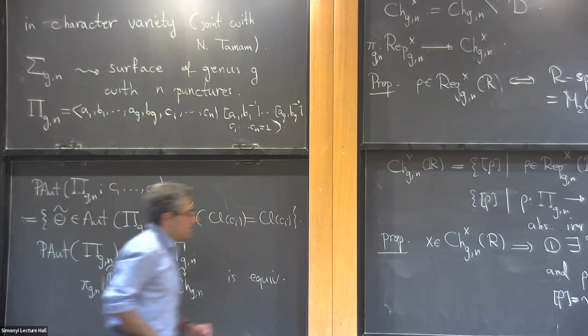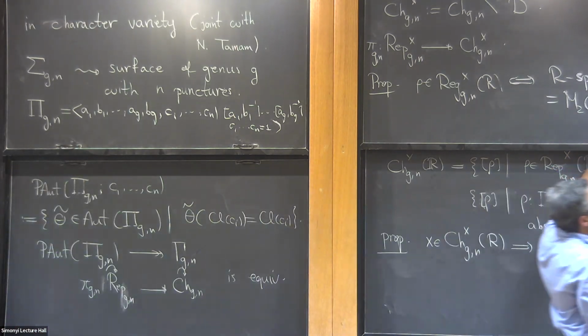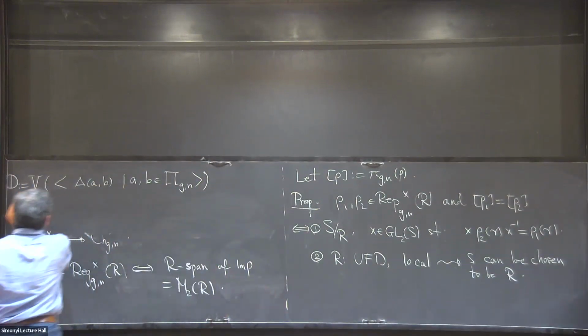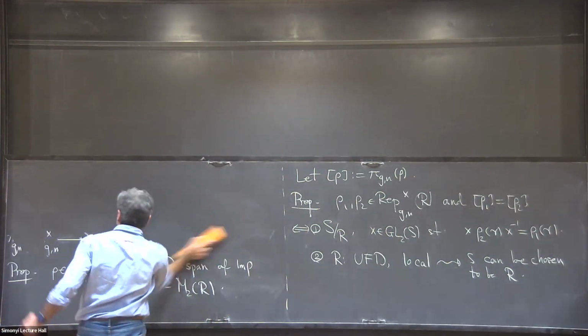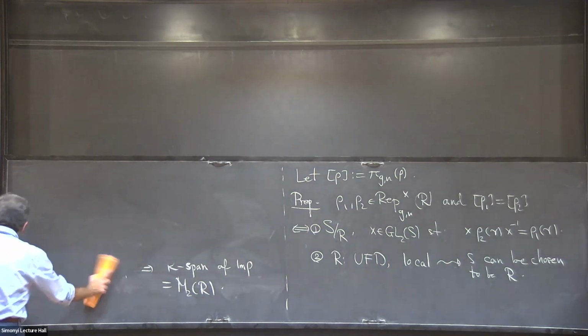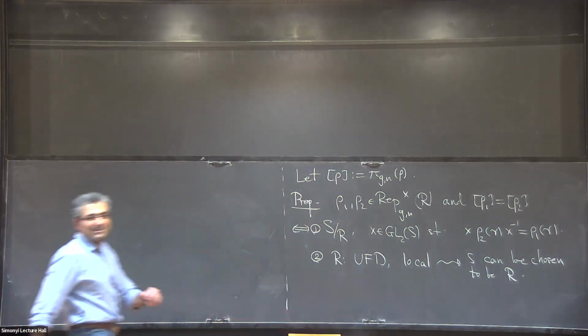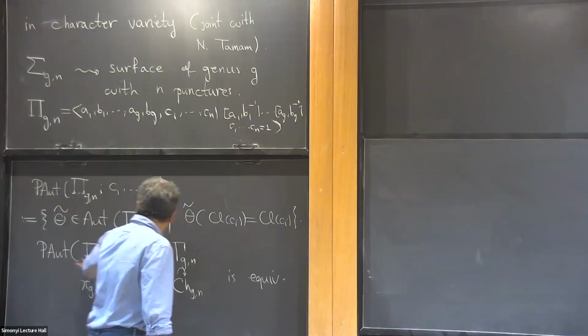So let's say what the actions are. The automorphisms we can understand rather easily, and then you can take it as a definition of the action on the character variety to make it equivariant. So what is the action?